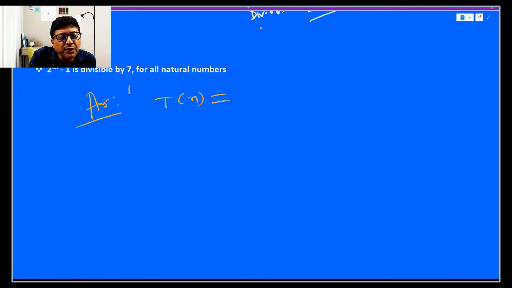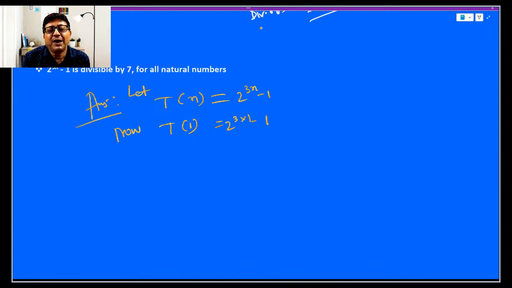You write in the same manner. Let Tn equal to 2 to the power 3n minus 1. Now T1 is what? 2 to the power 3 into 1 minus 1. What do you get? 8 minus 1, 7.